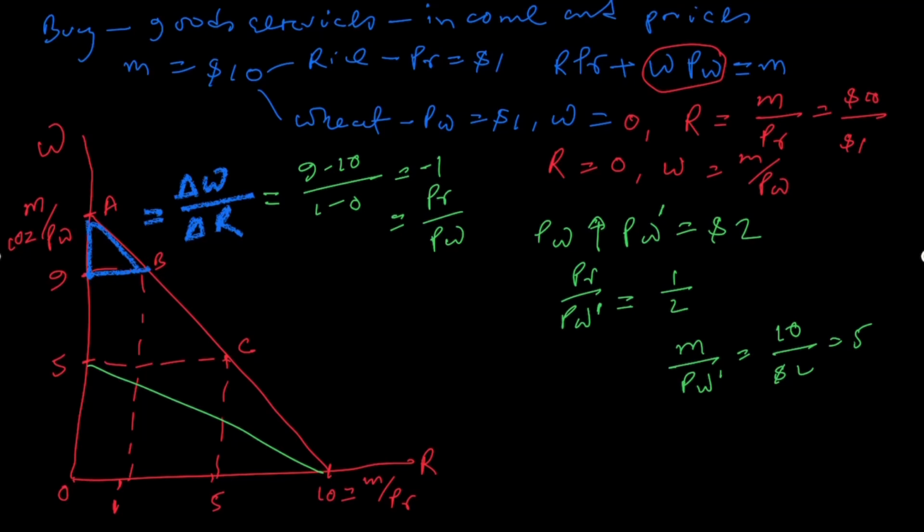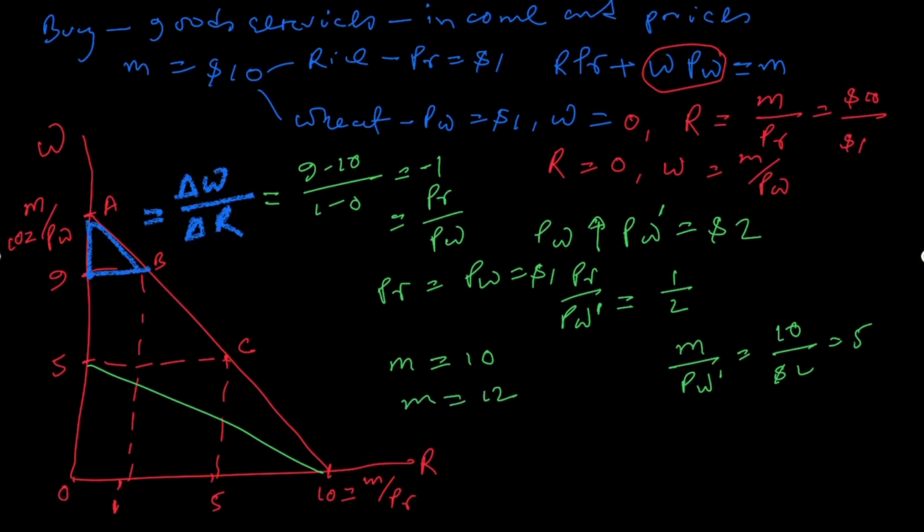Now assume prices remain constant, that is, the price of rice and wheat remain $1, so PR is still equal to PW, which is 1. We have the original budget line, and now the only change is in income. Income increases from $10 to $12.